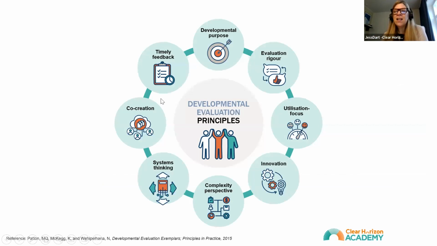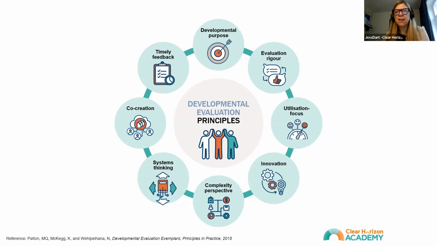So developmental evaluation has a set of principles, 8 principles, and these are the basis of the book that I showed you called Developmental Evaluation. So the first thing we've already learned is that it has a developmental purpose.